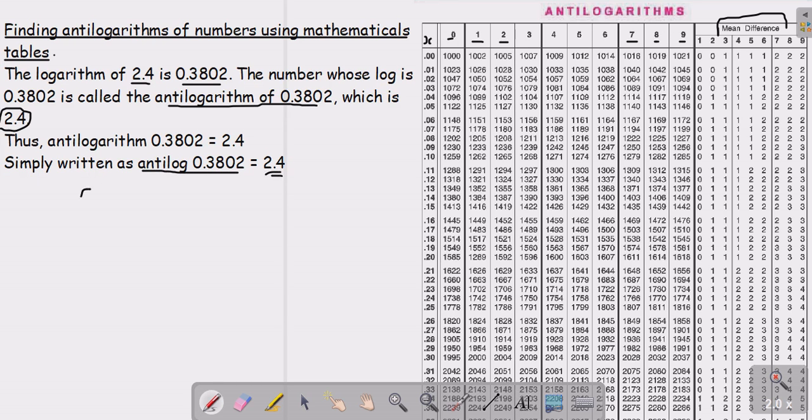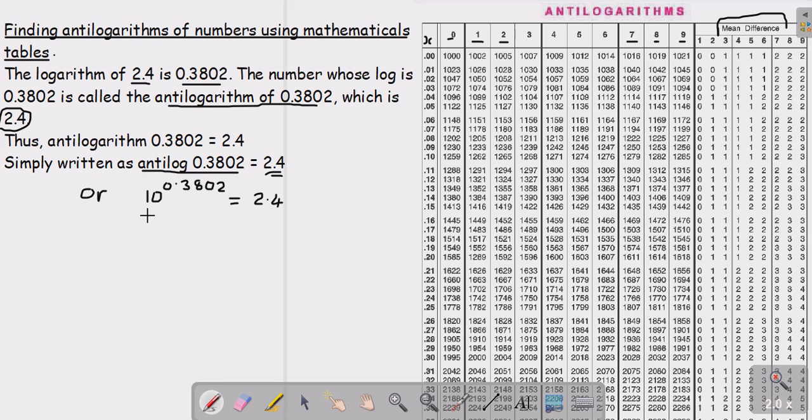Or we can write it like this: 10 raised to power 0.3802. When I write like this, it still means I'm looking for the antilog of 0.3802, and the answer has to be 2.4.